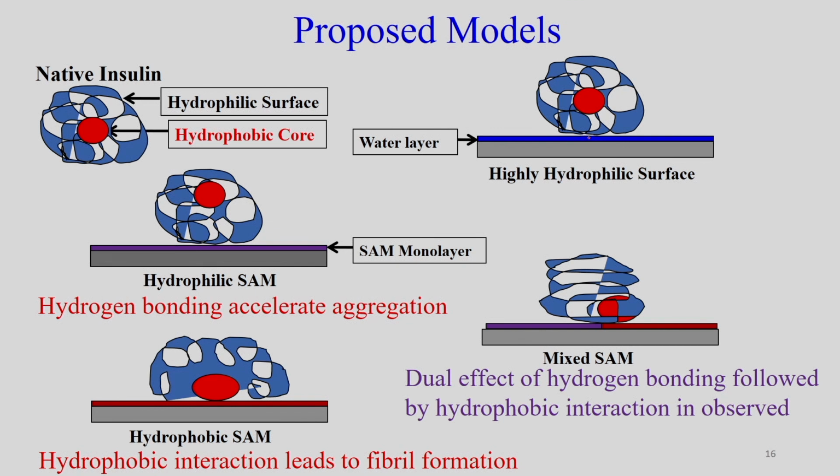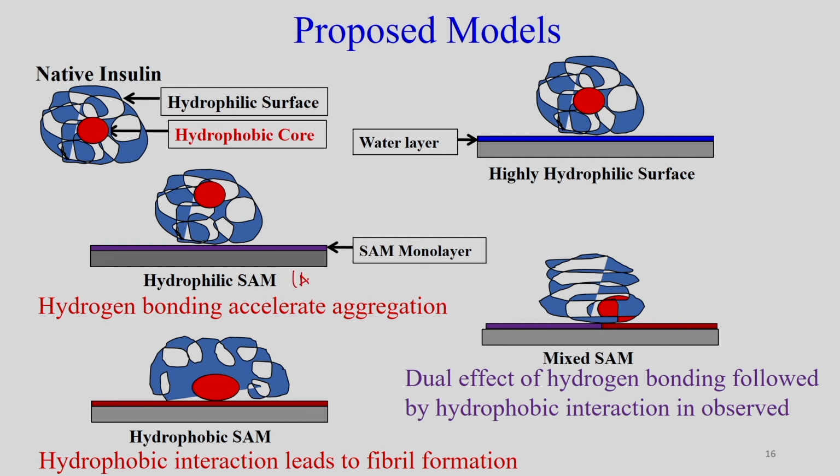Because it is highly hydrophilic, there is a formation of a water layer between the protein and the surface, which interferes with the surface protein interactions. In that case, there is the least amount of adsorbed protein, or you can say the aggregation process was delayed for this particular surface.